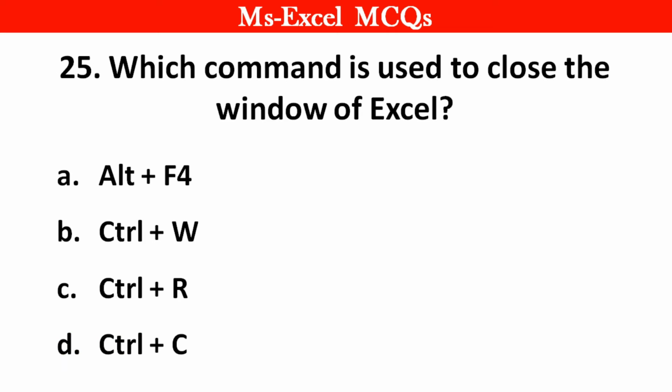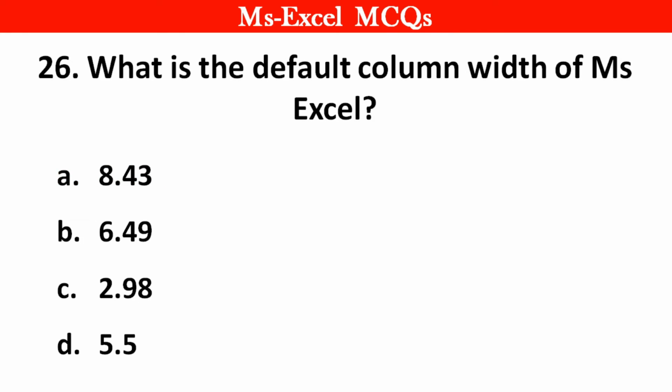Next question. Which command is used to close the window of Excel? Right answer is option A, Alt plus F4. Next question. What is the default column width of MS Excel? Right answer is option A, 8.43.